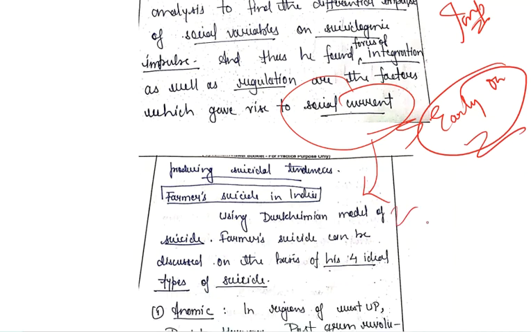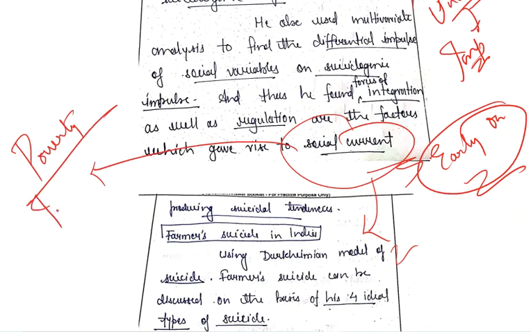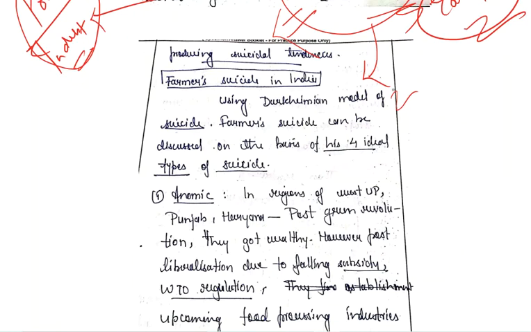Because if poverty and indebtedness is a prime factor of farmers' suicide, then there are other regions in India which are more poor compared to the areas experiencing farmer suicide. So social factor is an important factor of farmer suicide in India.